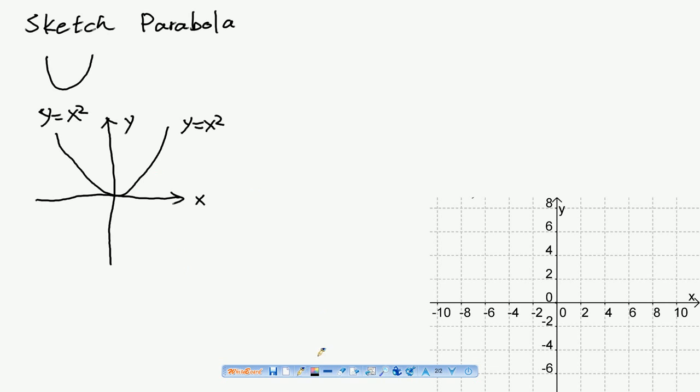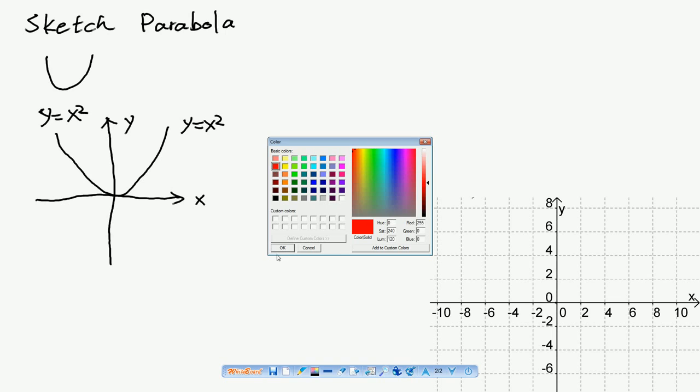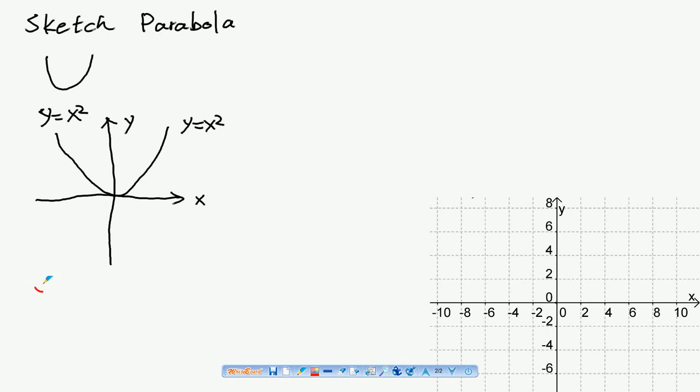But if the coefficient of x squared is a minus number, say y equals minus x squared, the graph looks like that. When we put a minus sign in front of any graph, the graph is going to be reflected.